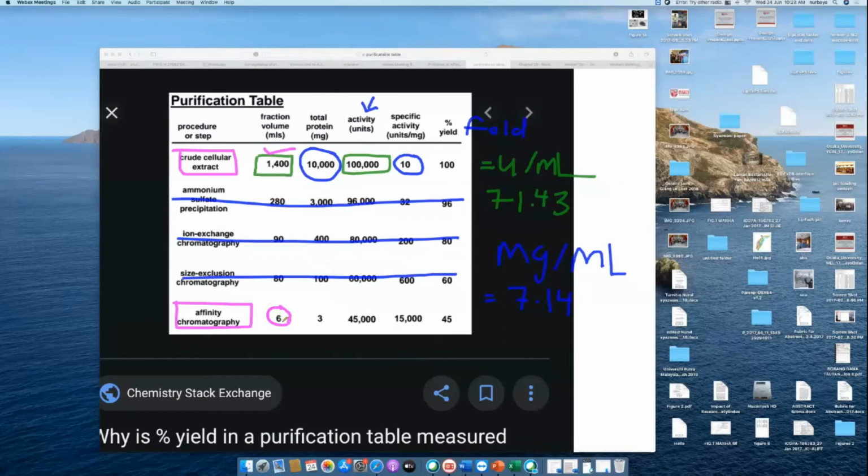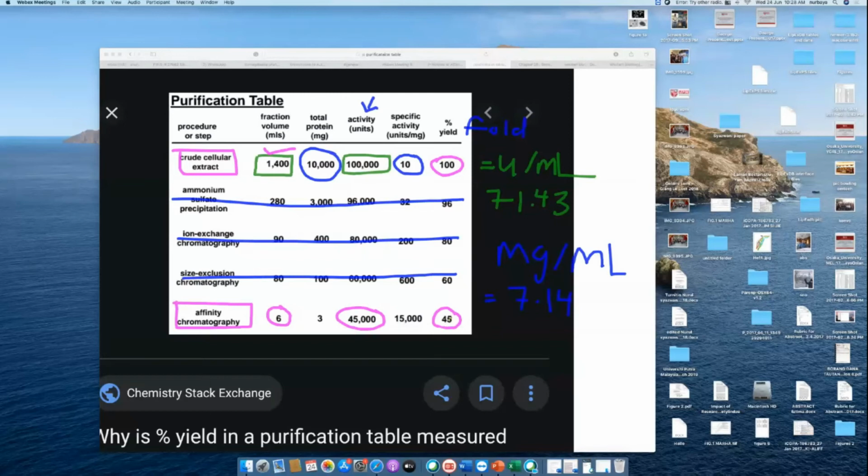Maybe this is okay, only 6 ml. But the thing that we want to know is the yield. How is it compared to the first round? How do we get the yield? It's based on this total activity. The yield is the total activity of the step divided by the total activity of the crude, multiplied by 100.